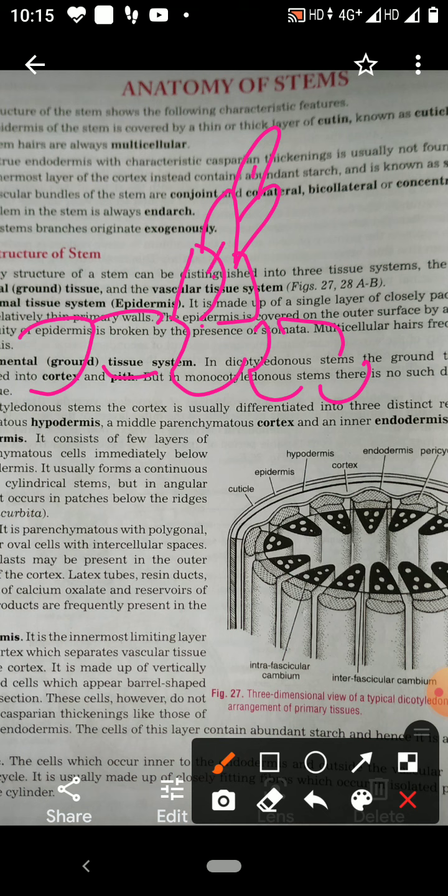In the root, you have seen that root hairs are made up of a single cell. One elongated cell forms the root hair in the root, but in the stem, the hairs are multicellular. So multicellular hairs occur on the epidermis.